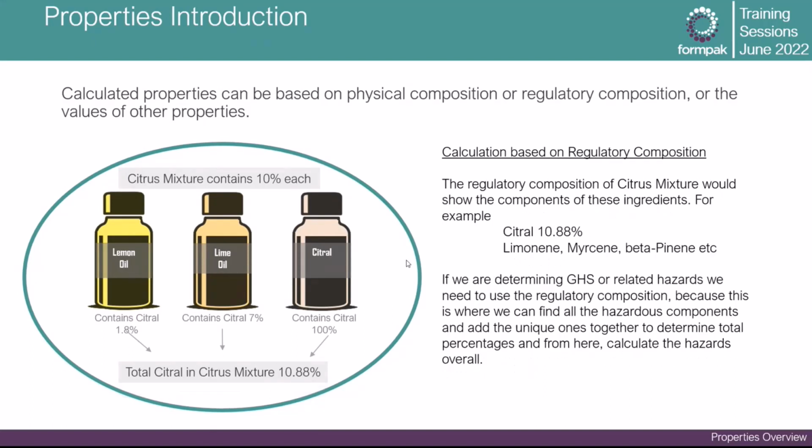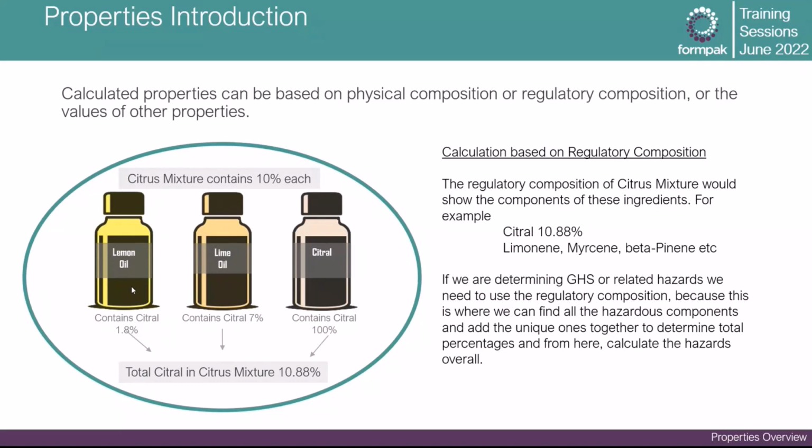Then with the same mixture, we might be wanting to determine hazards, so GHS or related hazards. And for that, we actually need to look inside these physical items and look at the regulatory composition. So have we got certain hazards on certain substances that mean that something gets classified? As an example, we would be looking at the level of citral overall.